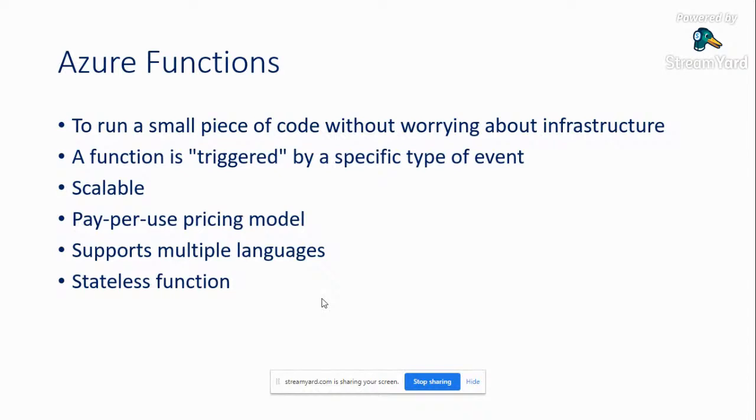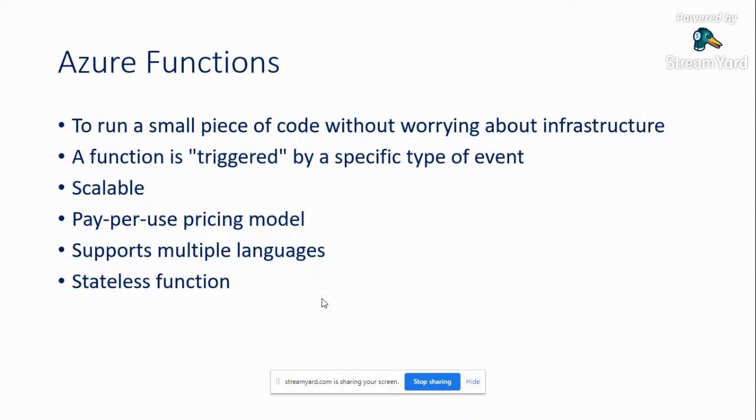Okay, the next thing is scalable. Scalable is nothing but, for example, in a festive season, you'll have so many requests to your system, to your functions, to your application.